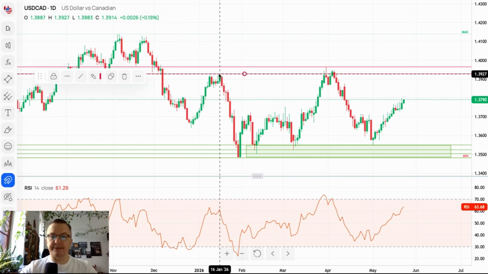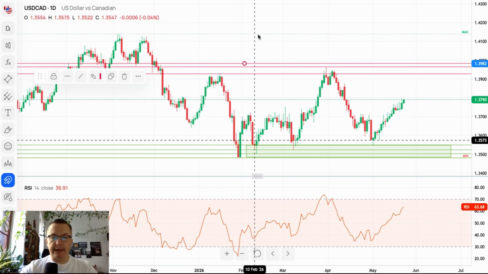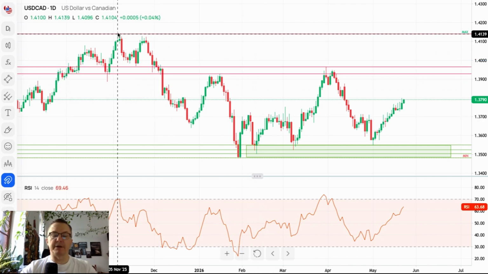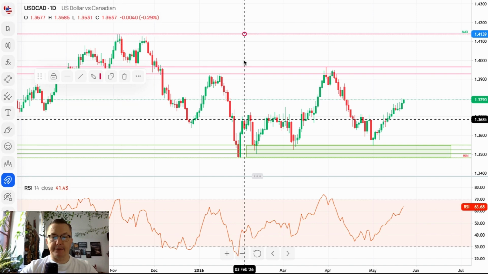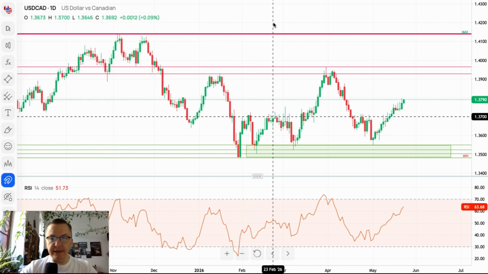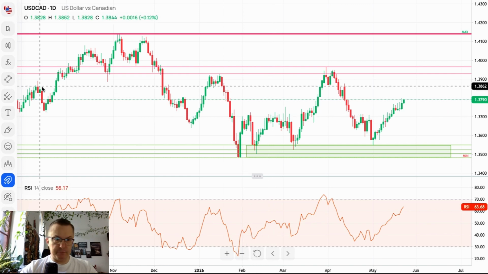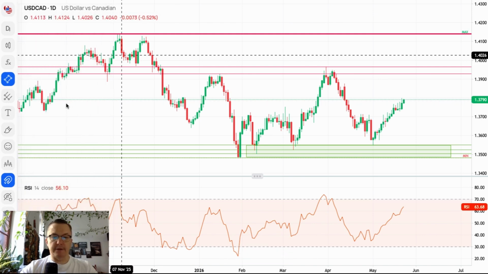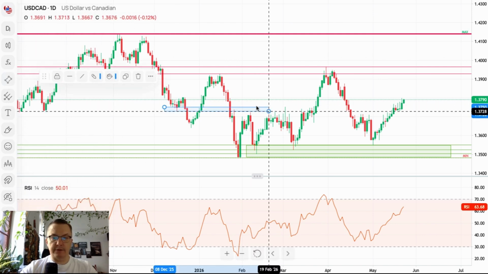The other technical resistance might be located here, and obviously the swing high is located here, November 5th, 2025. We can make it a little bit thicker for your convenience. Now this can be our, let's say, supply zone. No problem, we can do it like that.